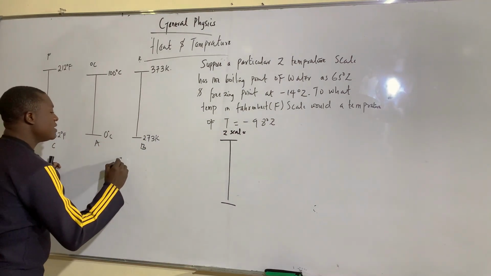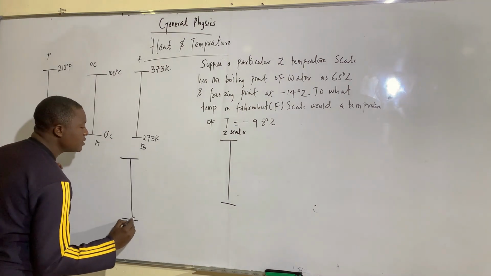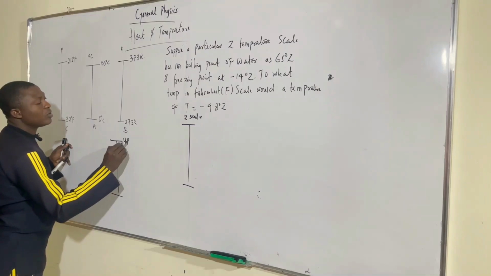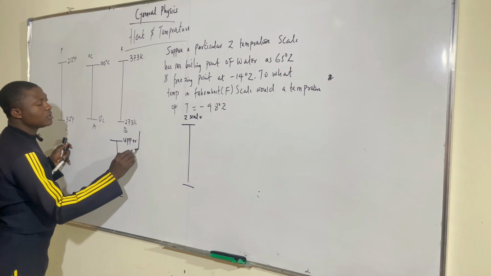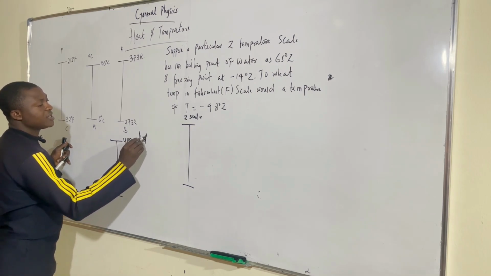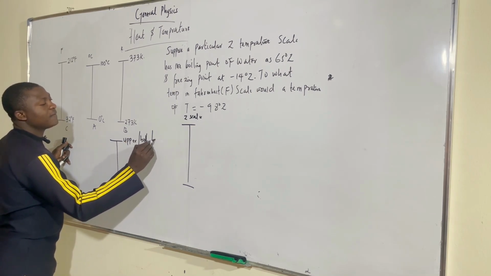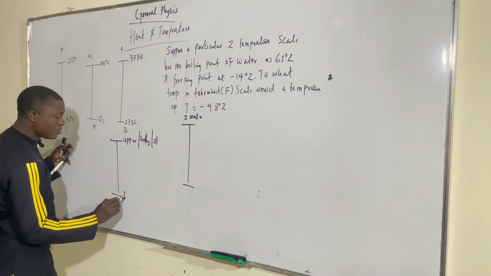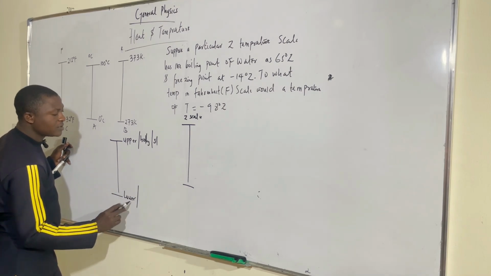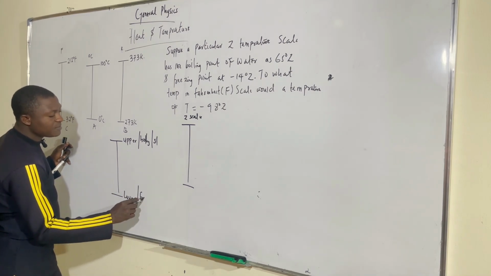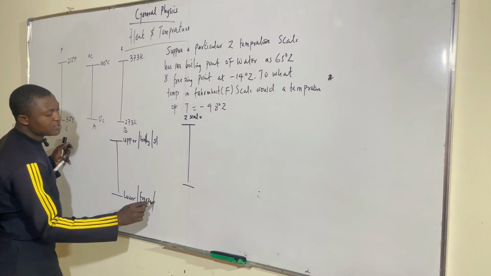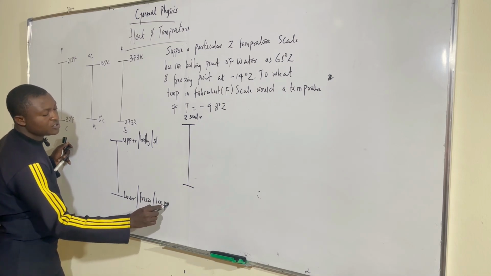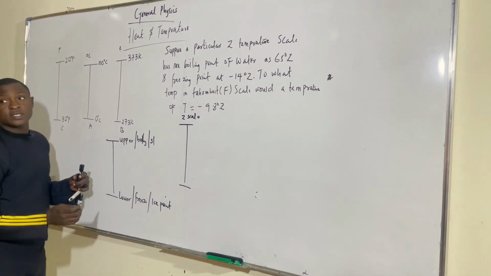You don't forget that I told you this is how we have the scale. This one is what we call upper freeze point, or we call it boiling point. I mentioned that one earlier, or we call it a steam point. Then for this, we call it a lower freeze point, or we call it a freezing point, or we call it an ice point. So please, in case you miss the first one, just write them out.